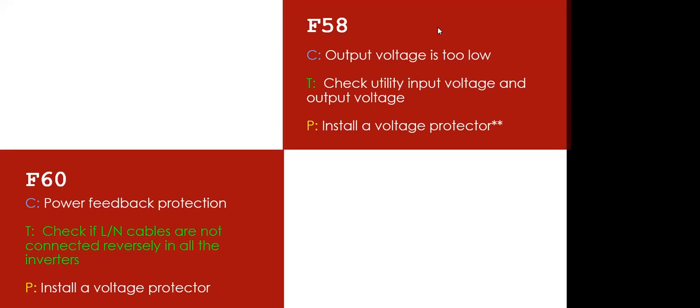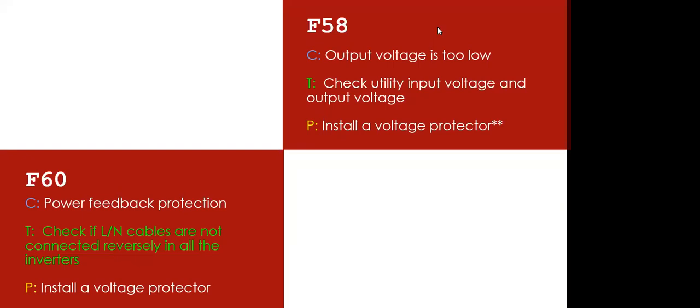At times, the case may be a reverse of live to neutral. When we have terminated the neutral from one inverter, it should go to the neutral of the second inverter, to the third inverter, and so on. Then again, from live of the first inverter to the second inverter and third inverter, and so on.